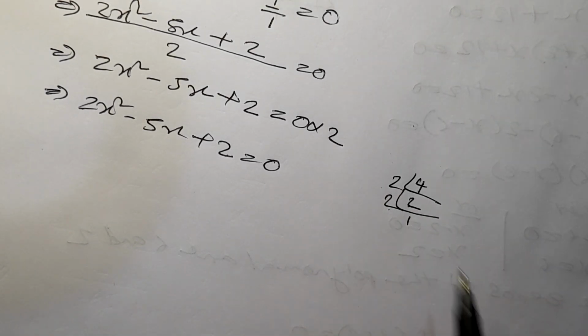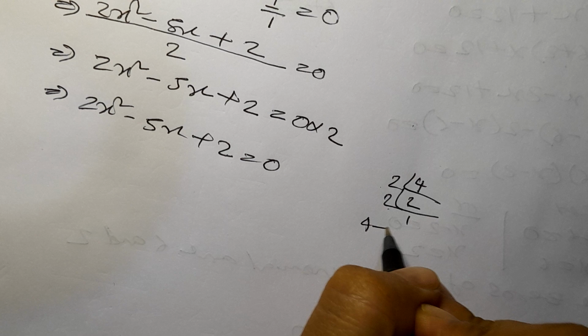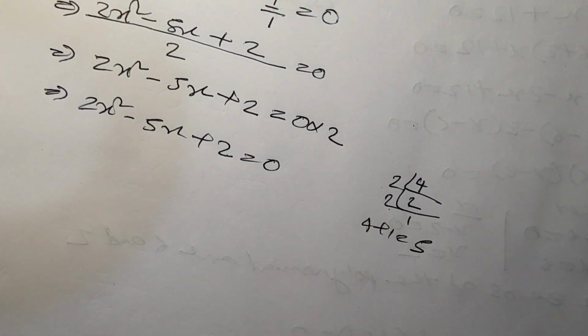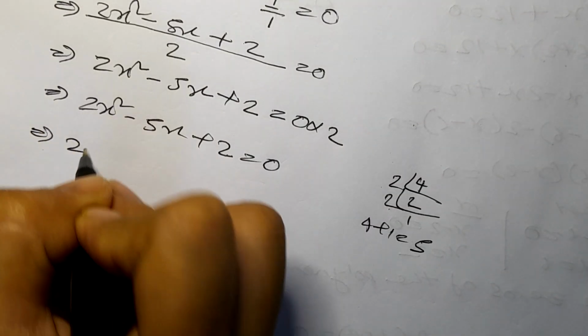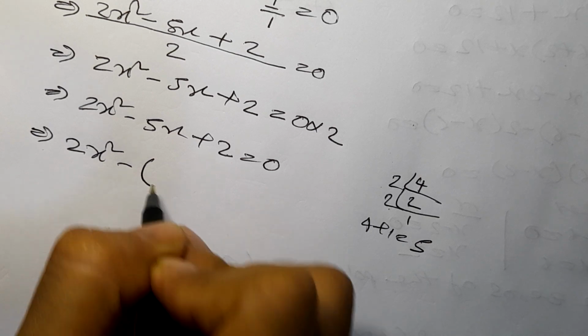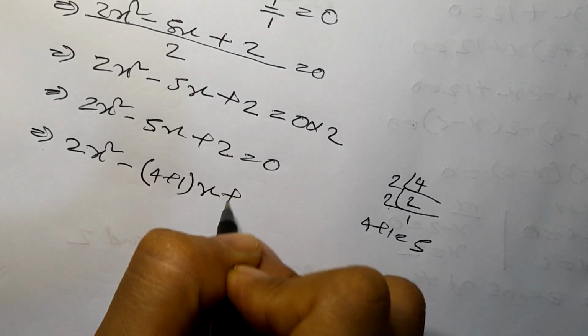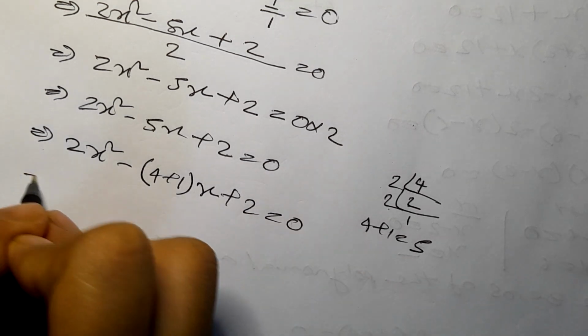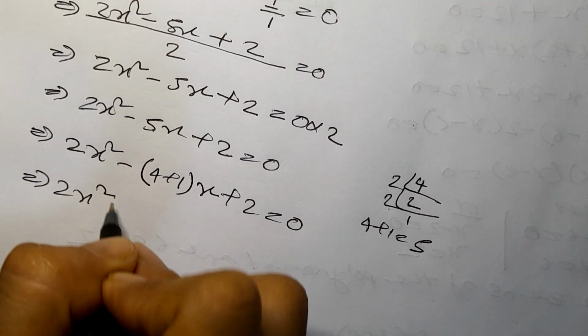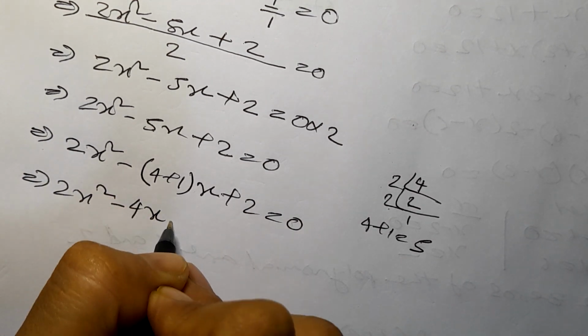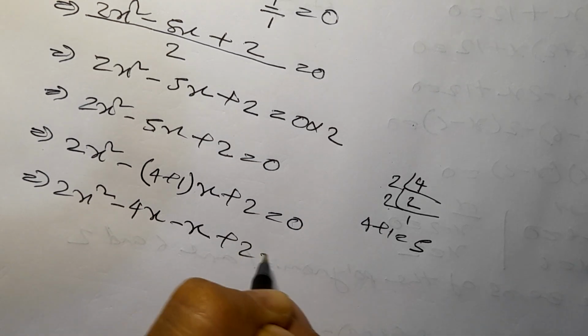We can take 2, 1. So 4 plus 1, 4 plus 1 equal to 5. So 2x square minus, instead of 5, it will be 4 plus 1 x plus 2 equal to 0. So it will be 2x square minus 4x minus x plus 2 equal to 0.